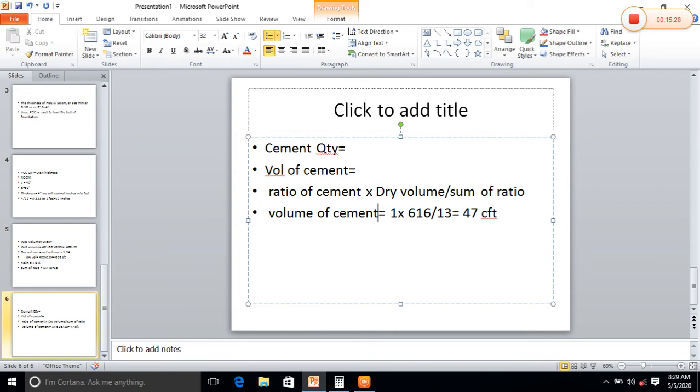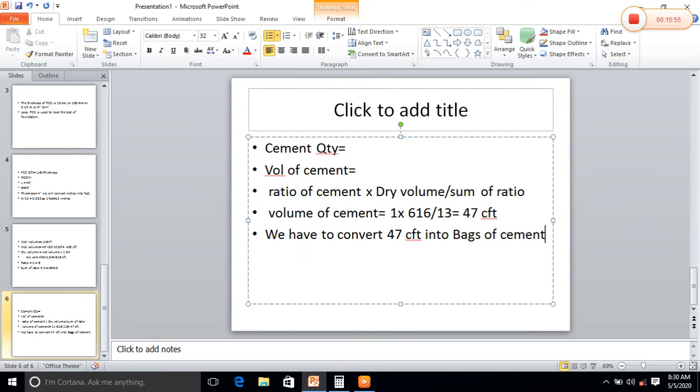Now we have to convert 47 cubic feet into bags of cement.